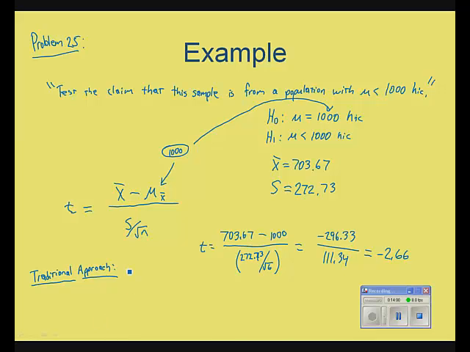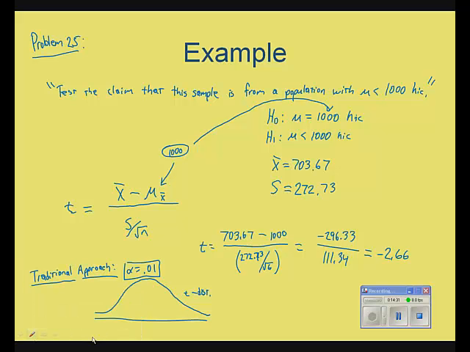I know that alpha is 0.01, right? I know that I want to draw a picture of the t-distribution. This is the t-distribution. What kind of test are we dealing with here?